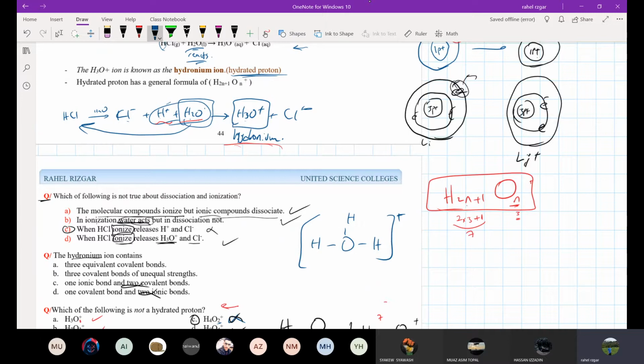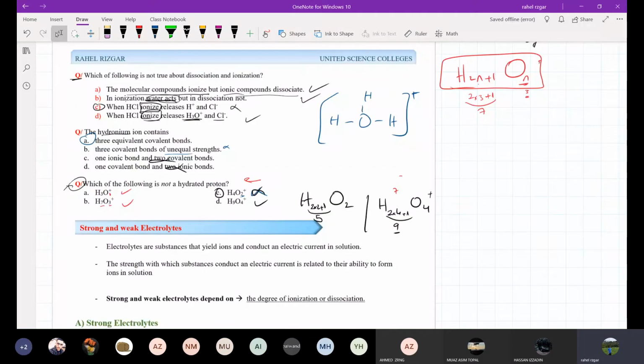That's why the answer is 3 equivalent covalent bonds. So the bonds are equivalent, the same bonds. B says they are unequal strength. No, that's not correct. All of them are equal, meaning 3 equivalent covalent bonds of the same strength. Please be careful.